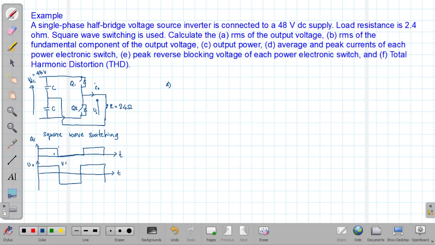So you have VDC by 2 and minus VDC by 2 because of the capacitors. The voltage is split.